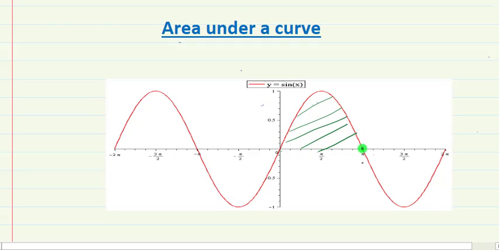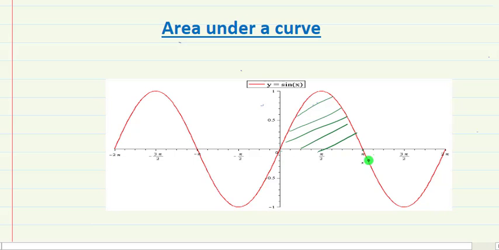This is the x-axis and this is y is equal to sin x. So if we need to find the area between the x-axis and y is equal to sin x, then this shaded portion is the required area. To find this area, we can use the concept of integral calculus.